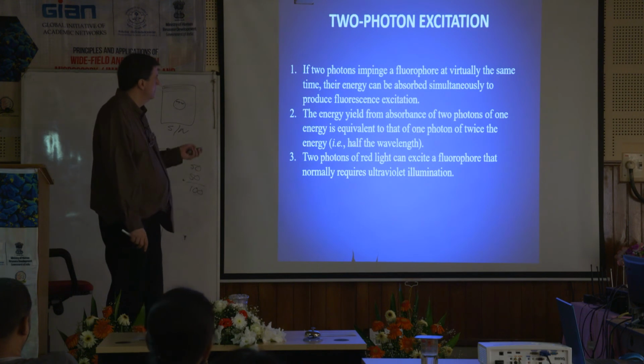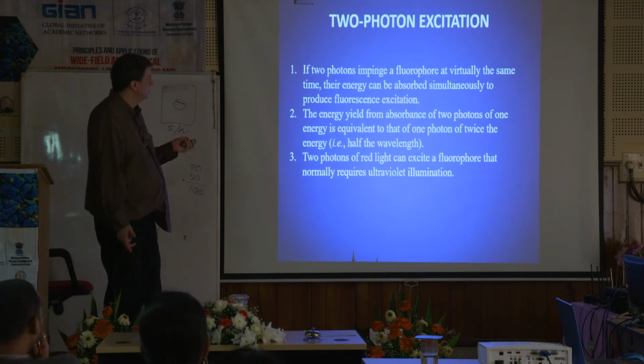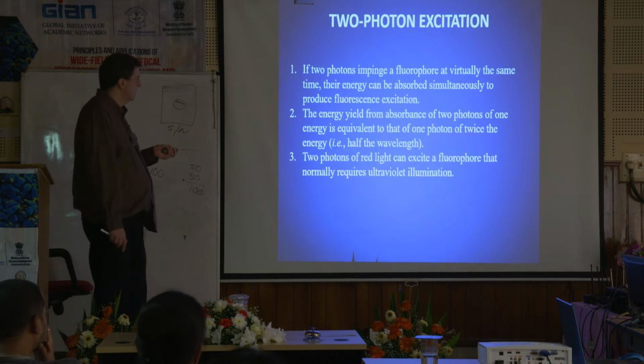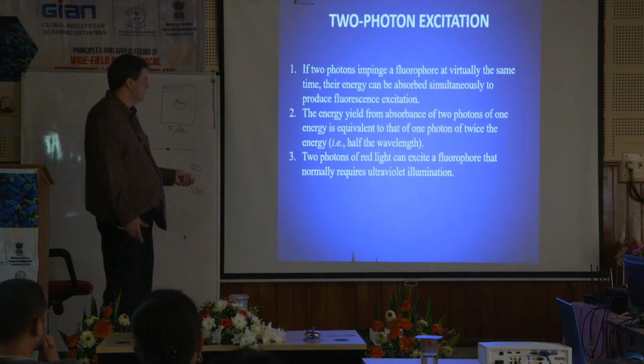Okay. If photons hit a fluorophore at the same time, their energy can be absorbed simultaneously to produce a fluorescent excitation. That's what we just talked about, right? The energy yield from the 2 photons is equivalent to that of 1 photon of twice the energy, right? 100, 50, 50.